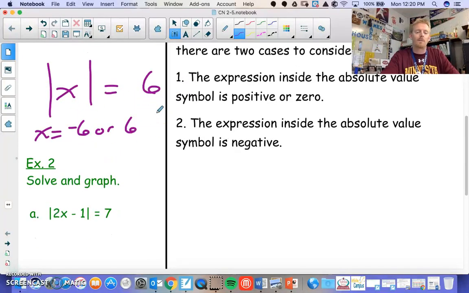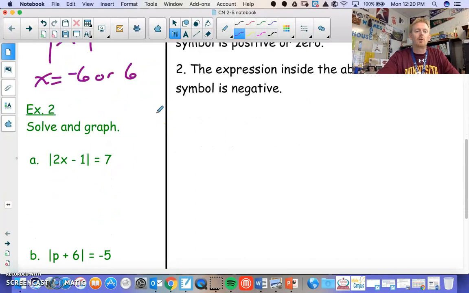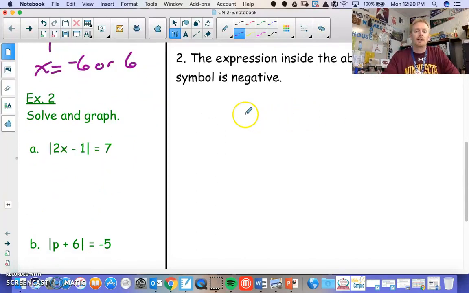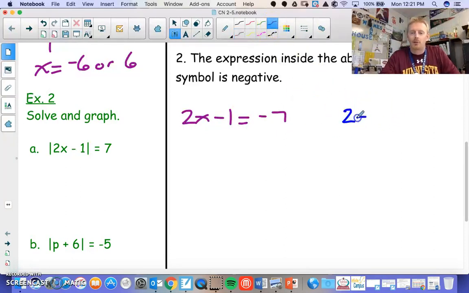So that's why we're going to show each equation in both the positive and negative form. So in example A, 2x minus 1 can equal a -7, and 2x minus 1 can equal a +7. So these are the two cases. You're going to write down two different scenarios, solve both of them, and figure out what x equals.